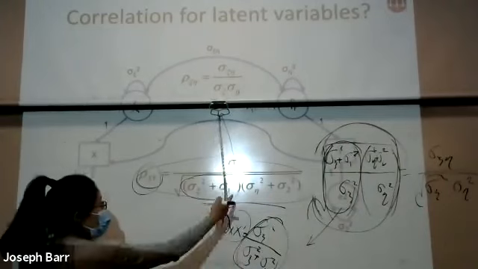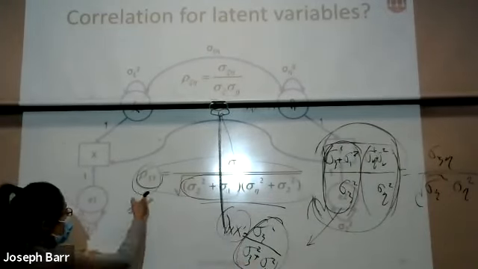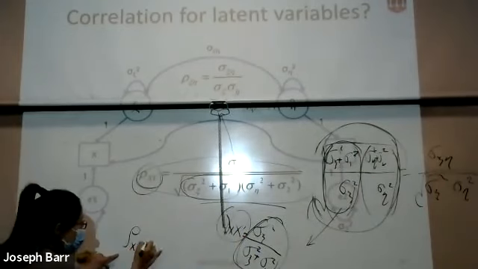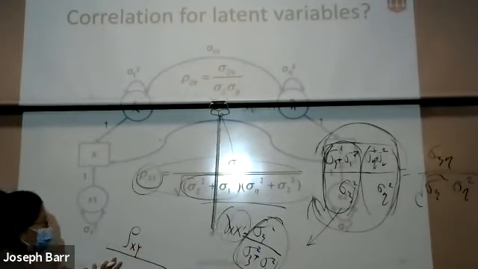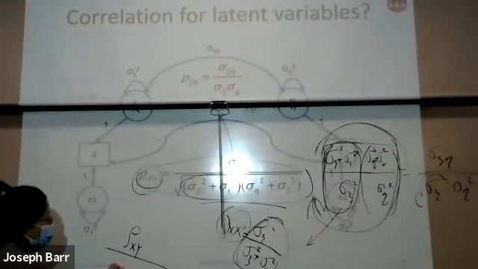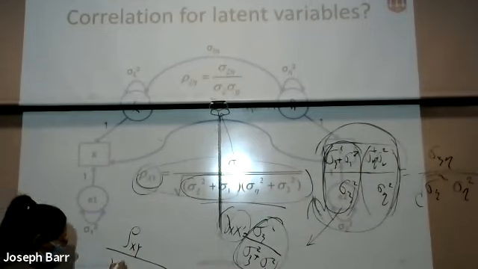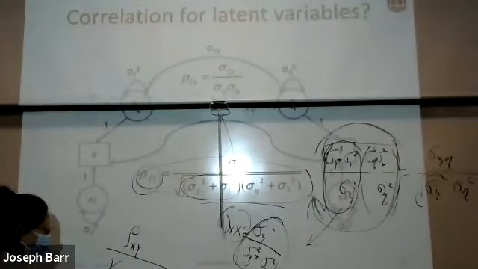So that's why we have the original observed correlation between X, Y divided by, this is multiplication, but if it's a reciprocal, it's the same thing, divided by the reliability of X to the square root.